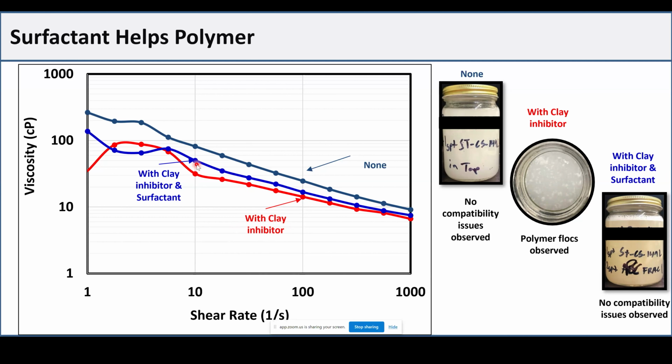Adding a surfactant will help. First, it eliminates the issue of the polymer fluctuation and slightly puts the viscosity of the high viscosity FR back up. So the main point here, when you are evaluating these chemicals, please do not evaluate them by themselves. You need to evaluate the whole package, including your clay inhibitor, including your surfactant, including everything, to be sure you are not missing anything that can negatively affect your performance.